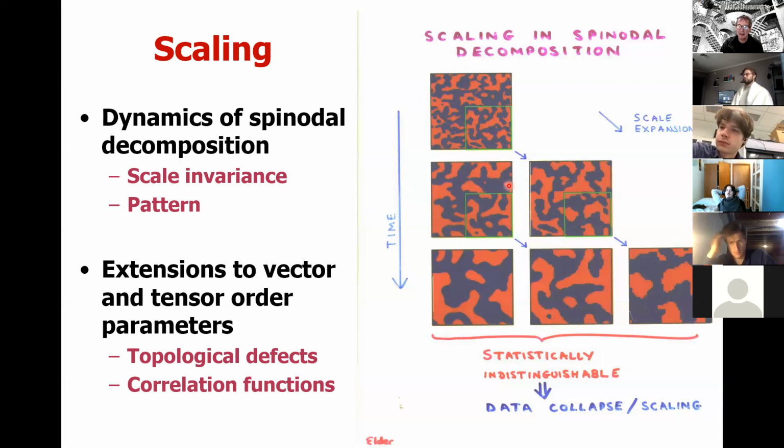Okay, so then you can say, fine, let's take this picture, evolve it further forward in time, so I get this. If I took this little cutout of this one and expanded that, I would get this picture. And if I took the cutout of this one, which itself was the cutout of this one, and expanded it even further, I get this picture. So I get these three different pictures, all of which, up to pixel artifacts, look statistically indistinguishable.